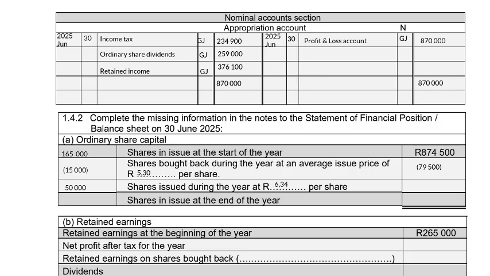That gives a total of 317,000 Rand. 200,000 shares are in issue at the end of the year with a total of 1,112,000 Rand.